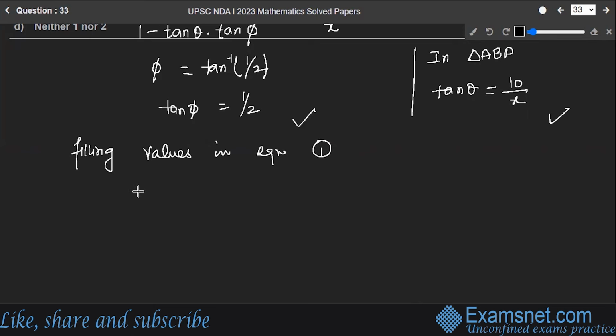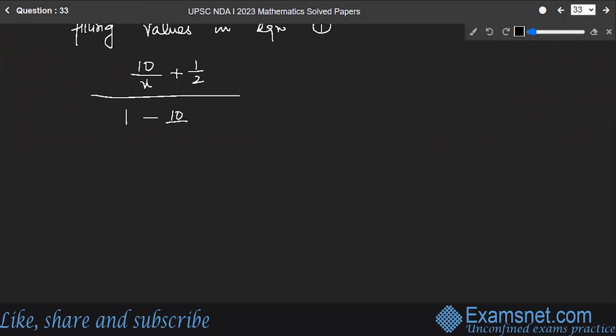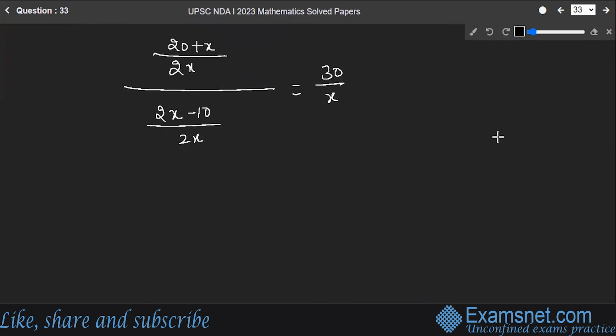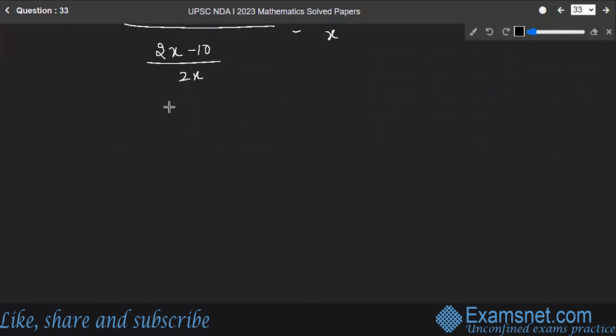in equation 1, you will get (10 by x plus 1 by 2) upon (1 minus 10 by x into 1 by 2) is equal to 30 upon x, which gives you (20 plus x) upon 2x, whole divided by (2x minus 10) upon 2x, is equal to 30 upon x, which makes (20 plus x) upon (2x minus 10) is equal to 30 upon x.